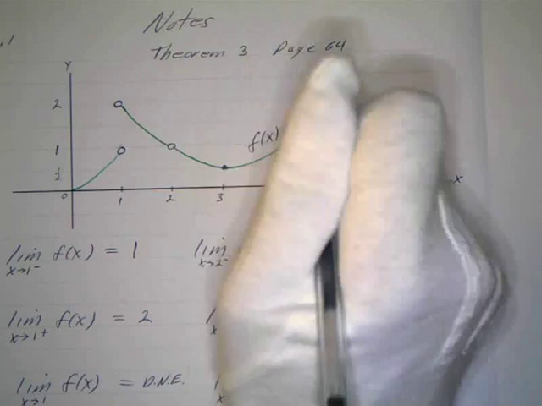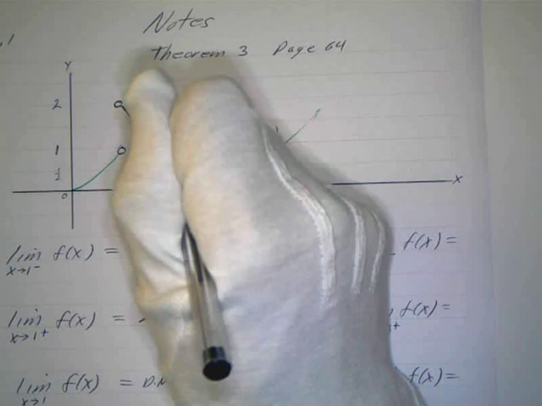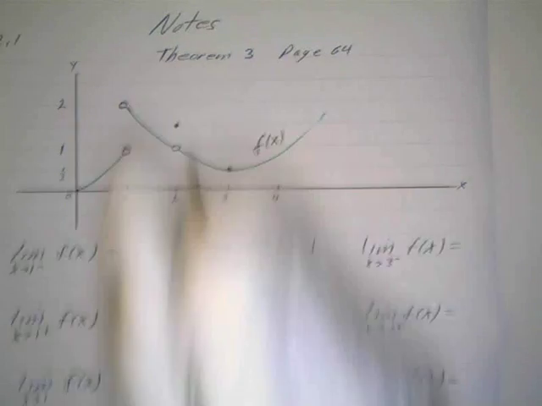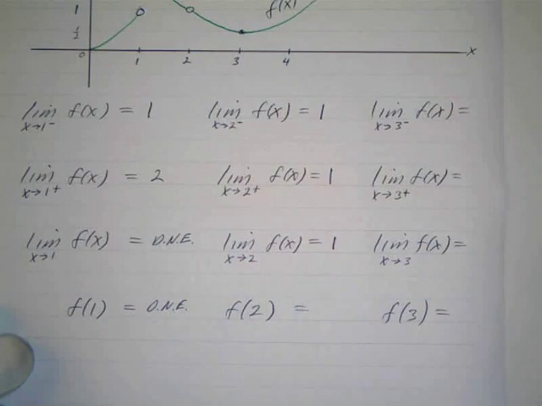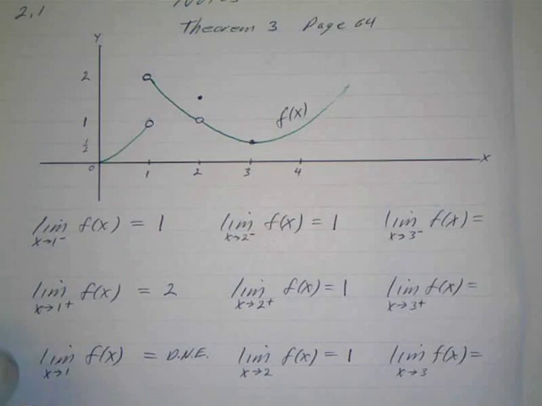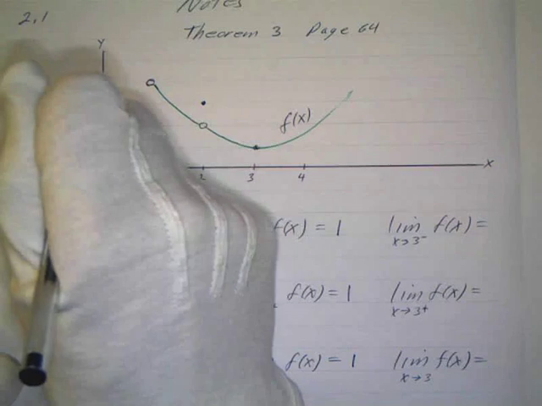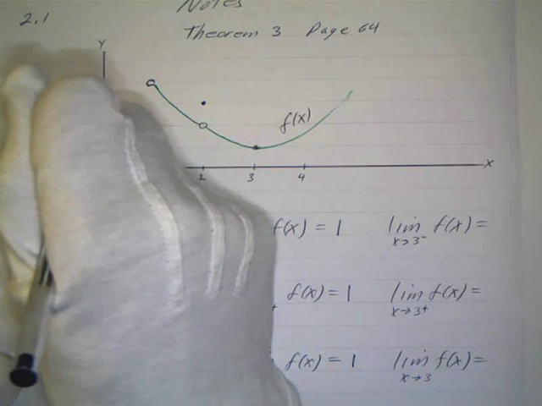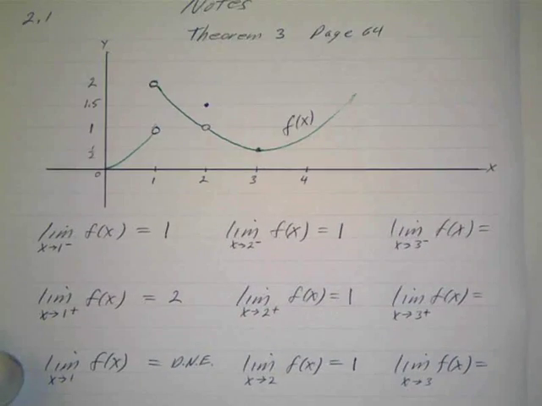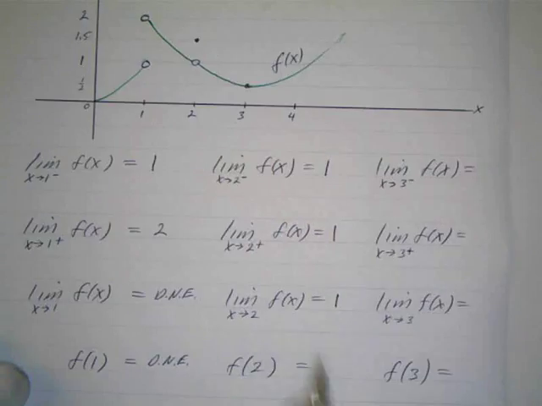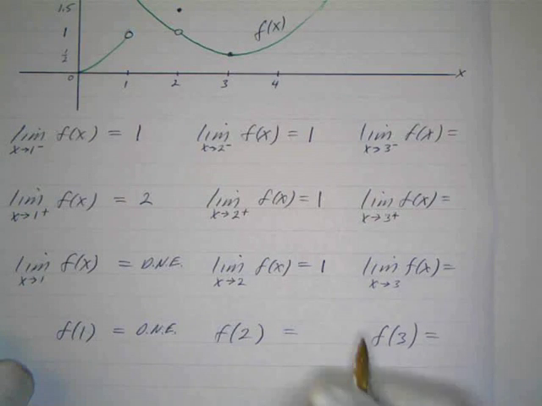I didn't get a chance to do this, but let me put a value in here. What is f of 2? Well, the way I define it, this looks like 1 and 1/2, or 1.5, right between 1 and 2. So the value of the function doesn't have to be equal to the limit. That's the point I wanted to make.